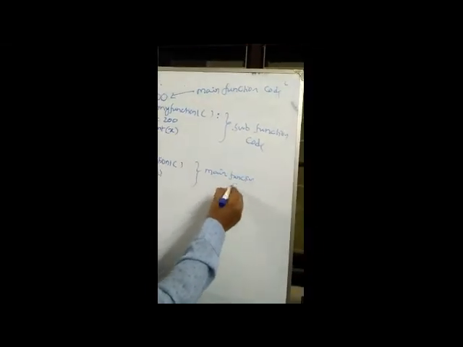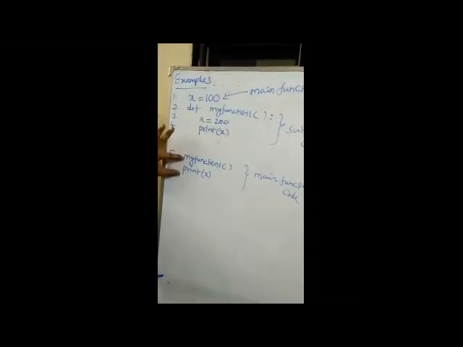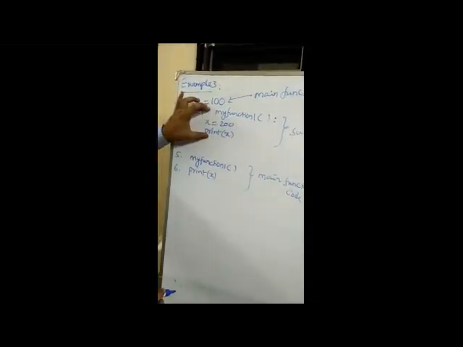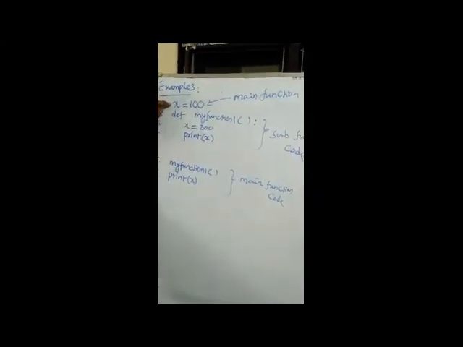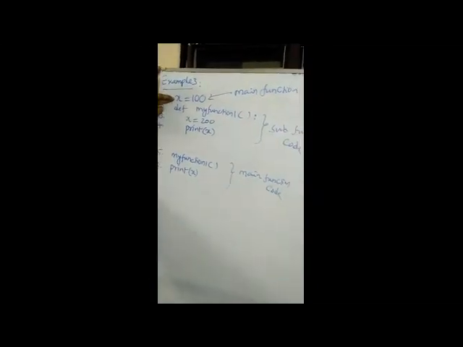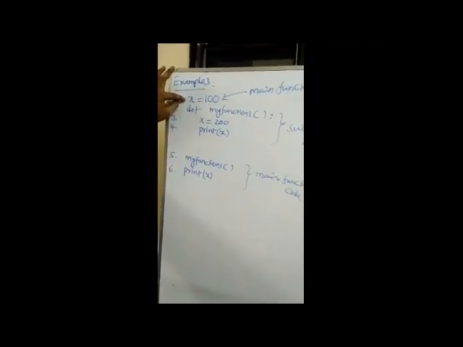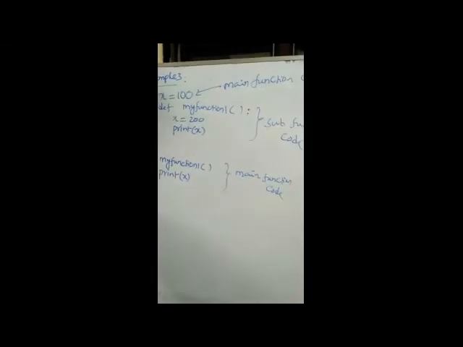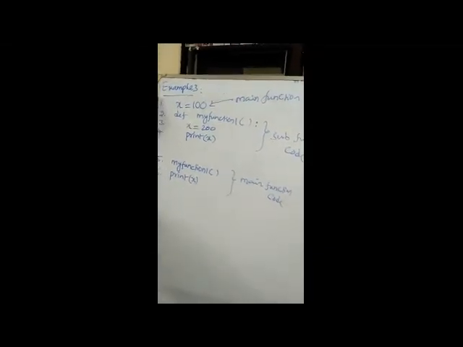These three statements are sub function code. Here x is global. Why? Because x is equal to 100 belongs to main function code. All the main function variables are global by default.